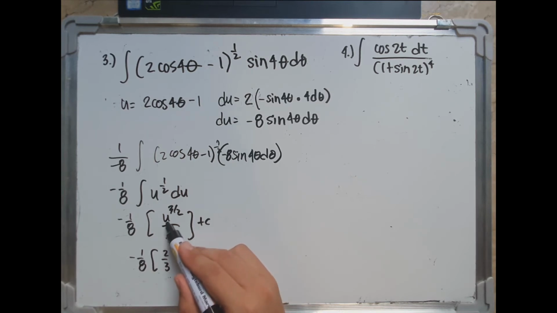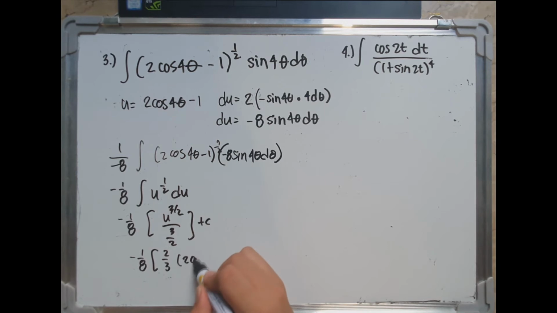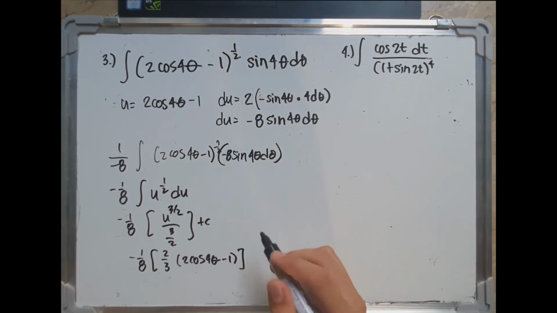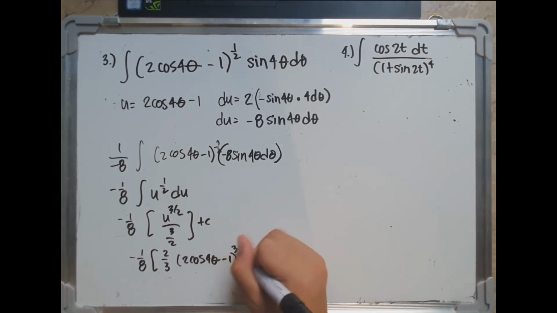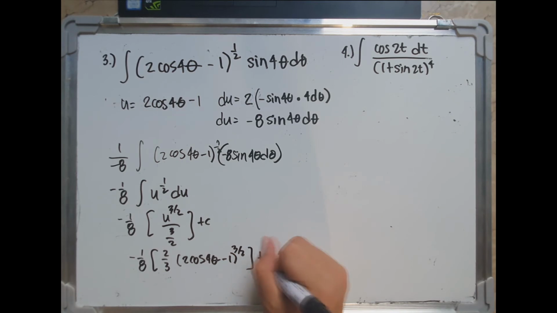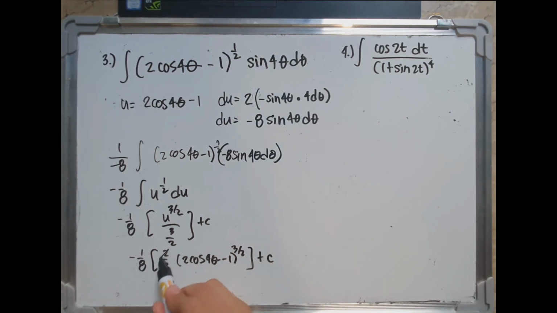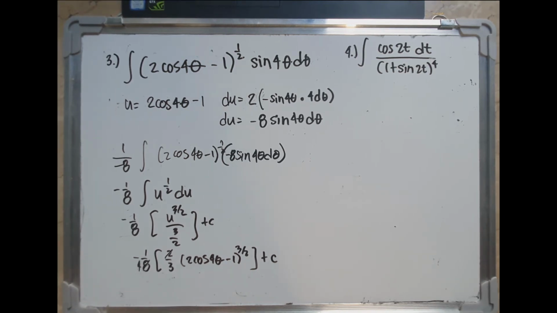The u is the quantity 2 cosine 4 theta minus 1 raised to the power of 3/2, of course, plus c. Notice we could cancel this one too, and 8 will be 4. Negative 1/4 times 1/3, we have negative 1 over 12.